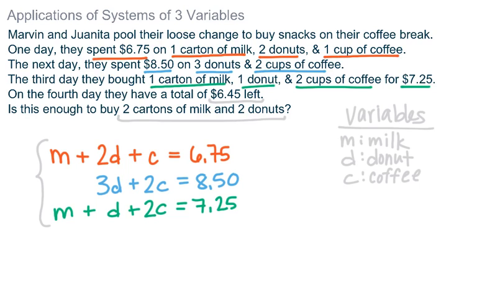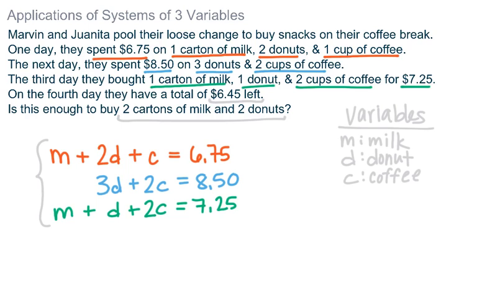So now I have a system of equations with three variables. And in order to solve a system of equations in three variables, we use the elimination method to create two equations in only two variables.